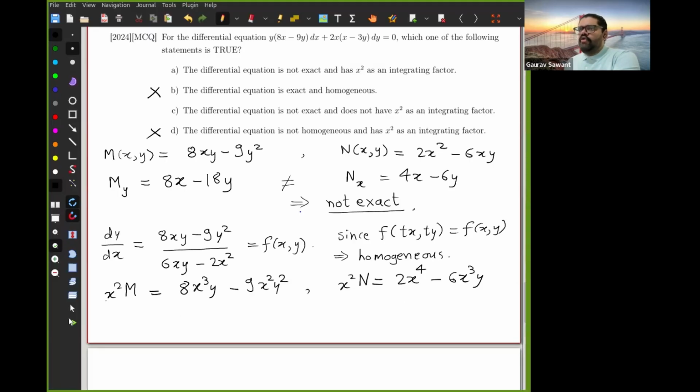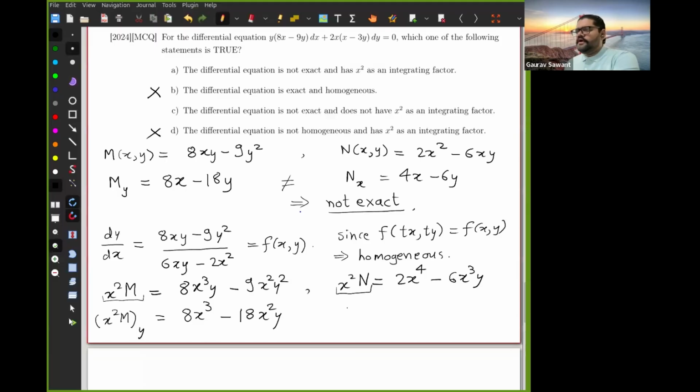And now of these new functions, you take the cross derivative. So x square M partial derivative with respect to y is 8x cube minus 18x square y.